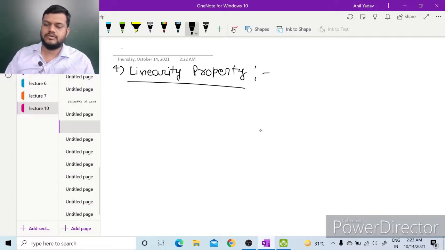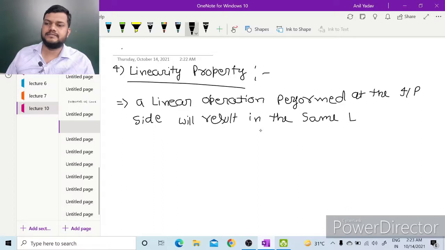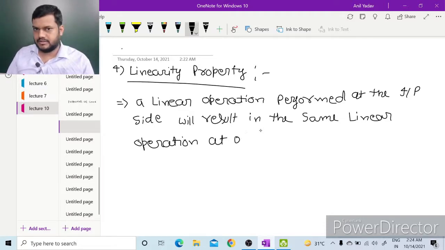So a linear operation performed at the input side will result in the same linear operation performed at the output side of the system.